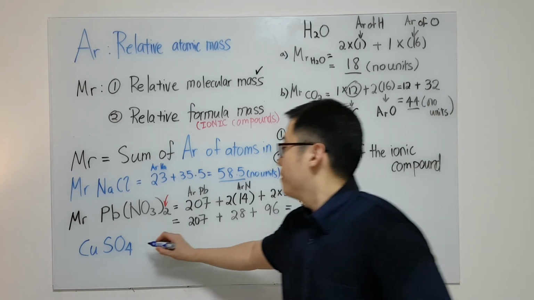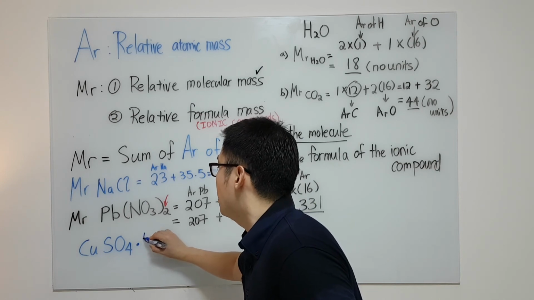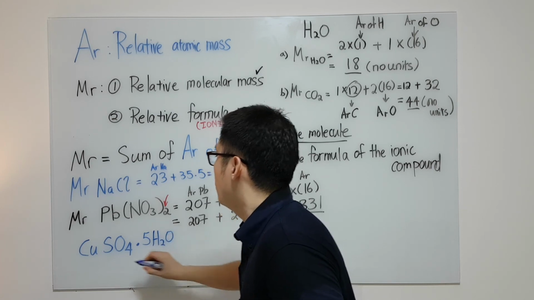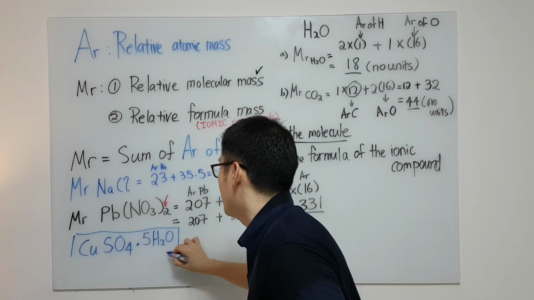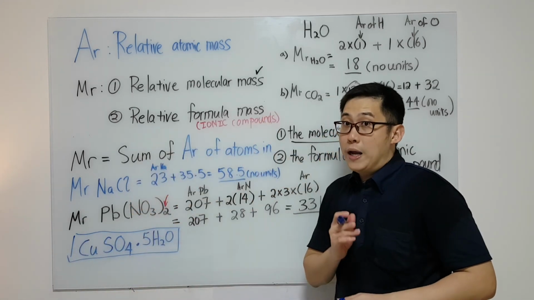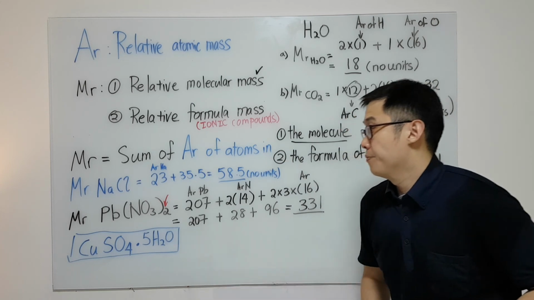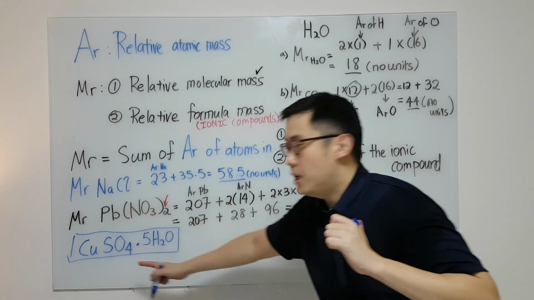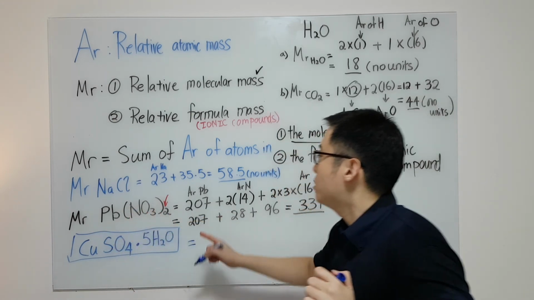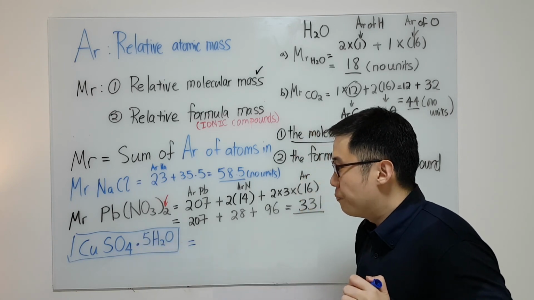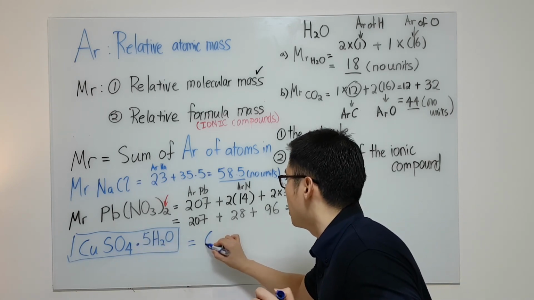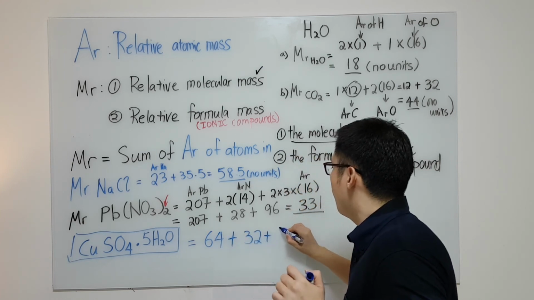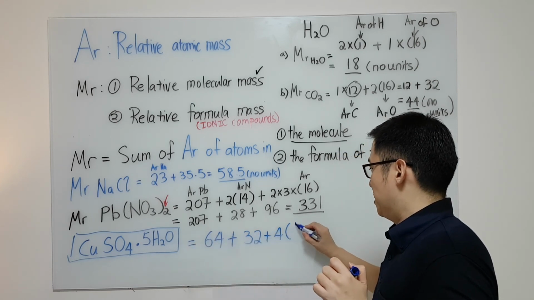So in this case here, if the number of molecules of water of crystallization is 5, you will sometimes be shown this equation. Students, I do not want you to panic when you see this. This simply means that if I want to find the relative formula mass of this whole thing, all I need to do is to do the same thing. So copper has a relative atomic mass of 64, and sulfur 32, plus 4 times oxygen, which is 16.